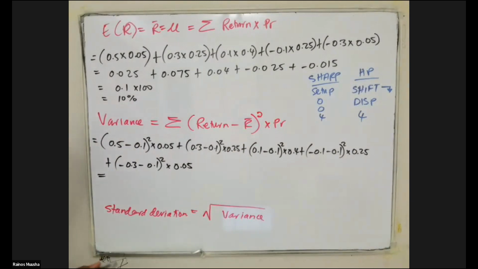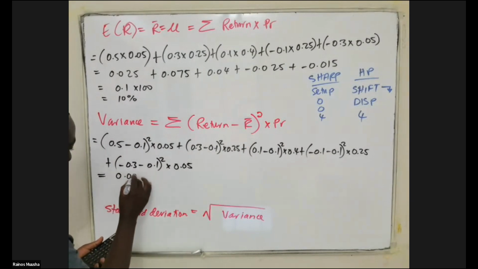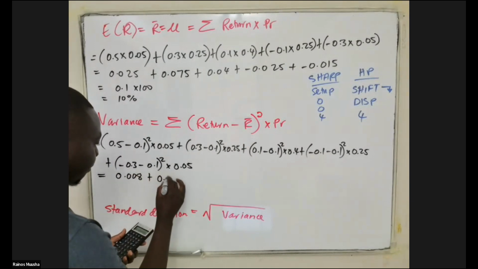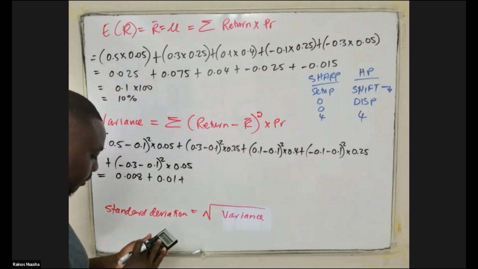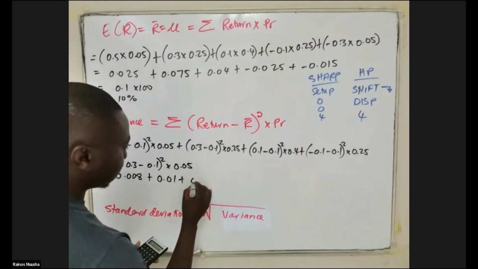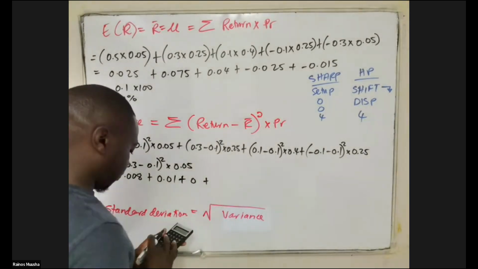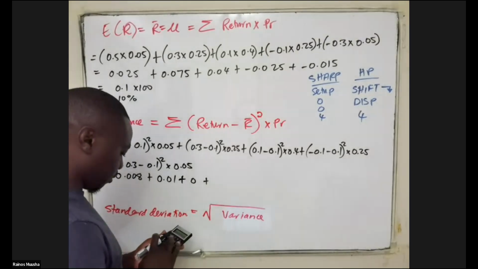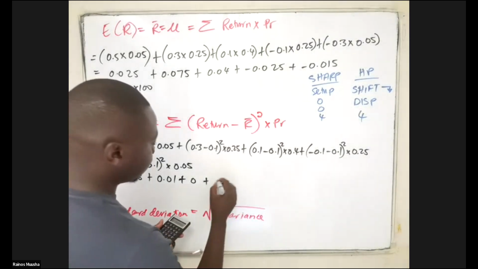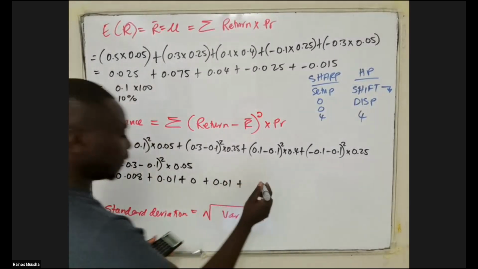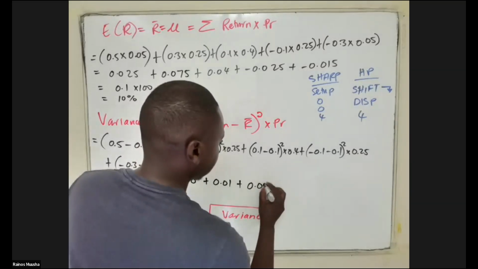And how we get to that actual answer: for the first one, you get 0.008 plus, for the second one, you get 0.01 plus, the third one, you get 0, the fourth one, you get 0.01 plus, then the fifth one, you get 0.008.